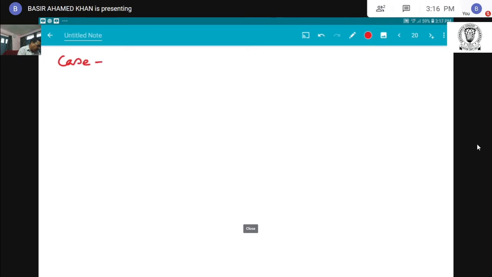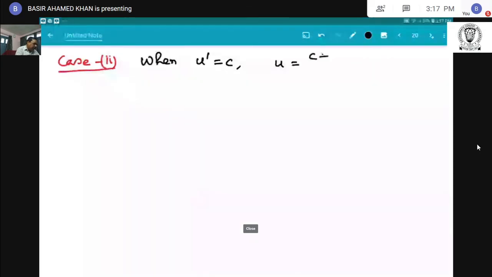Now case 2. When u dash equal to c, then u equal to c plus v divided by 1 plus c into v by c square.